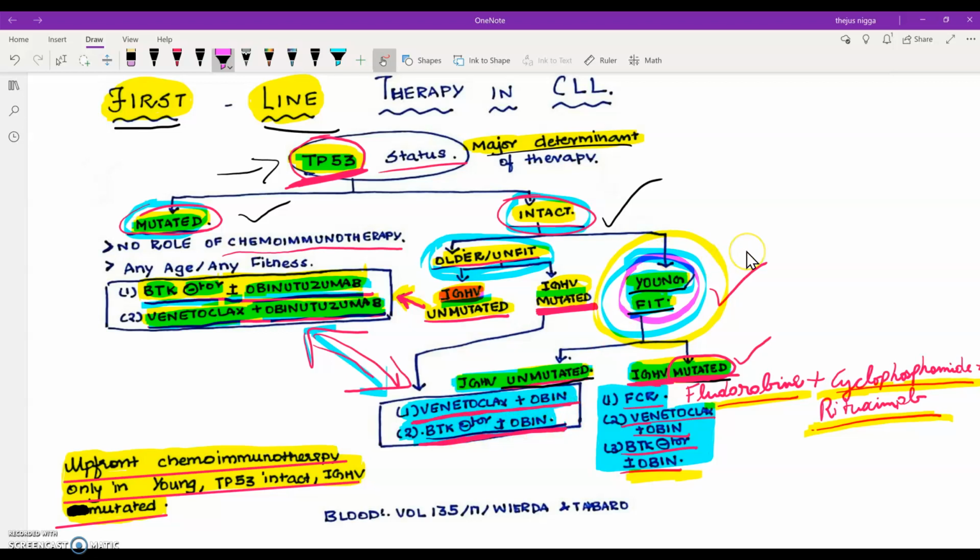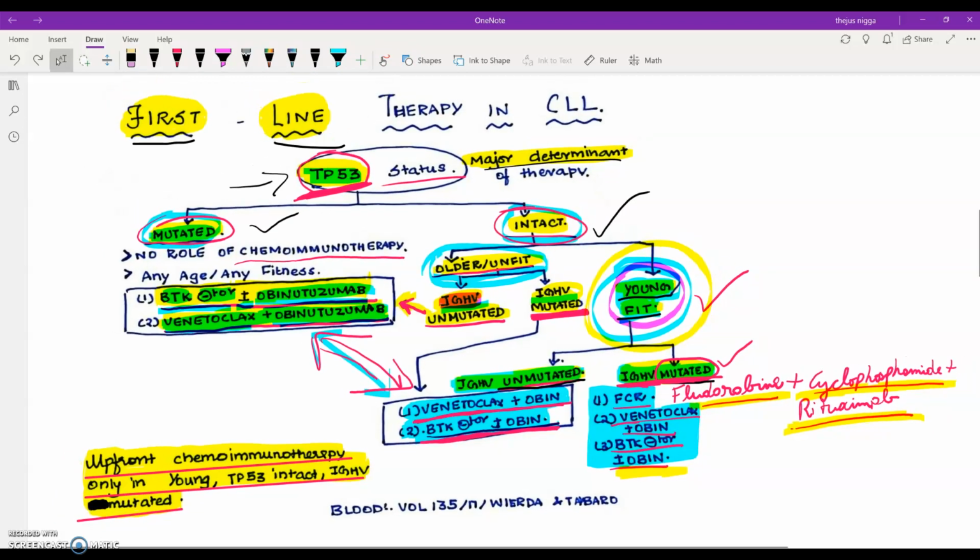So the only place where chemoimmunotherapy is given up front is here in young fit patients where the IGHV is mutated.